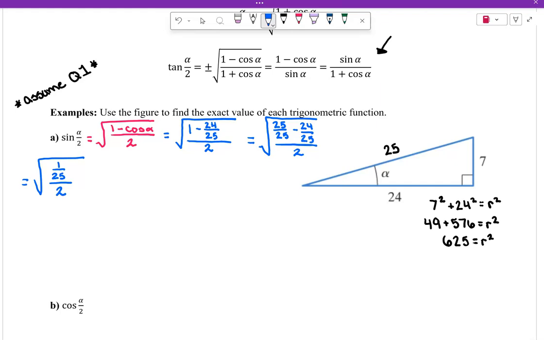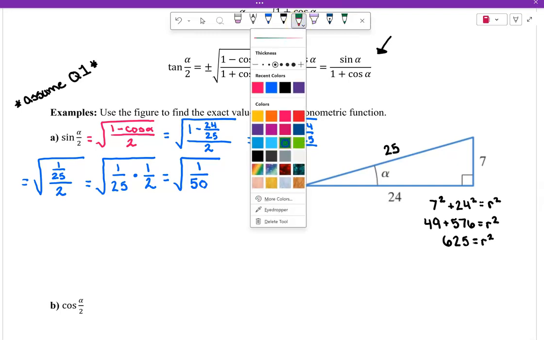On some of these problems, it's going to be easier for you guys to rewrite it. This is actually just 1/25 times a half. So kind of like the old school keep, change, flip, so that you can see that this changes to 1 over 50.